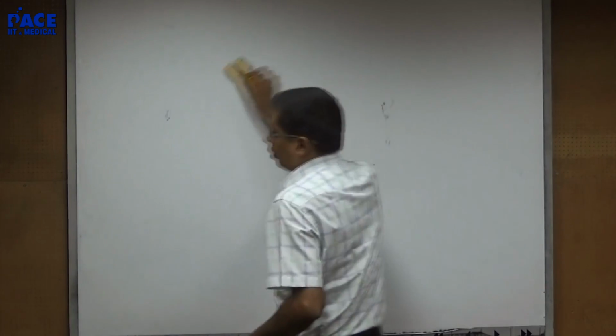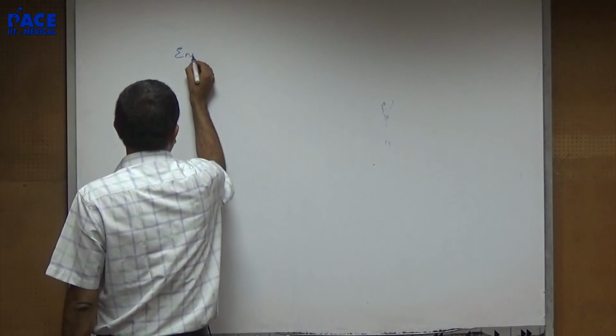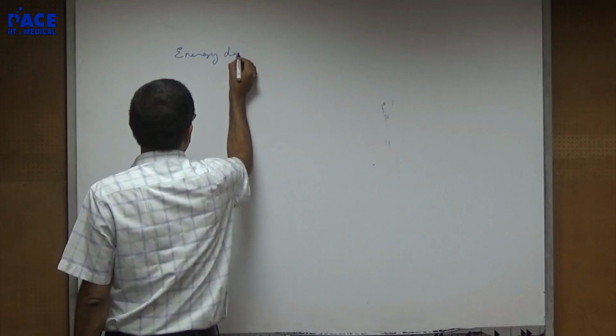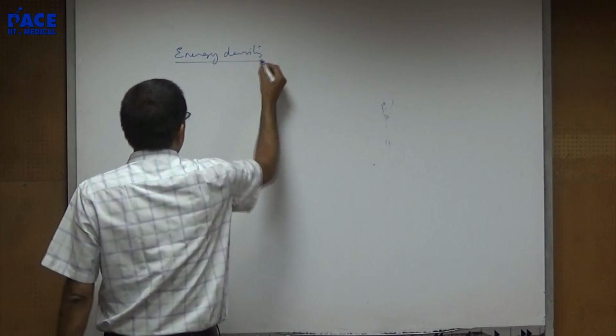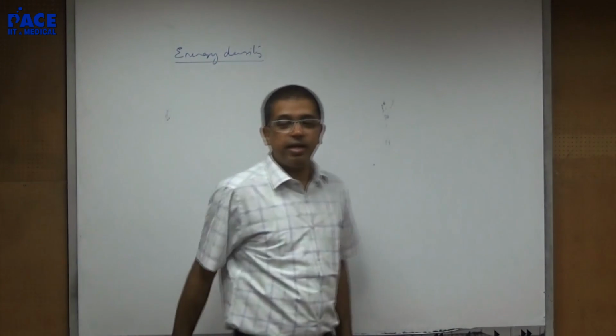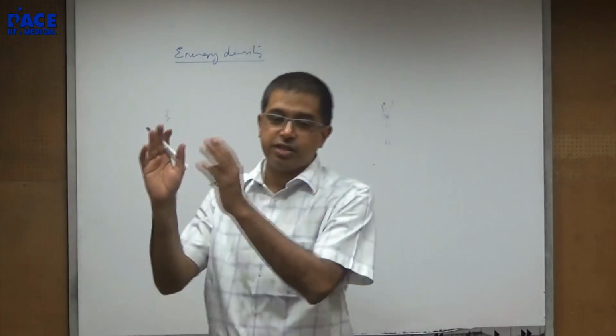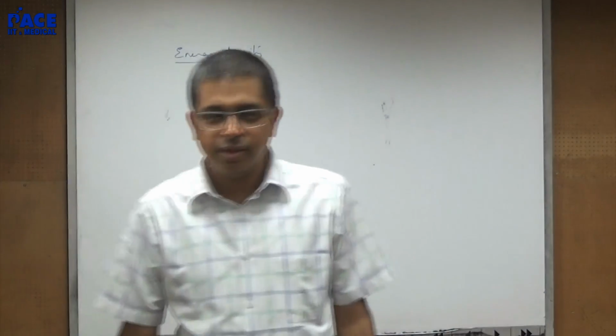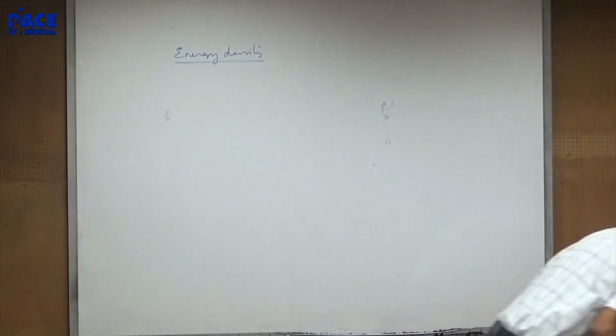Now the most important thing here, Poynting vector. First of all, we speak about energy density. Till now, you have calculated energy stored in an electric field and energy stored in a magnetic field.